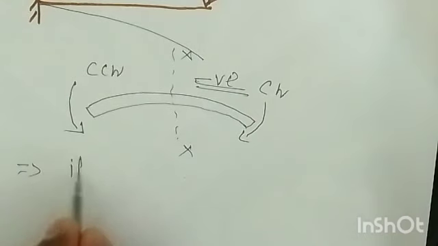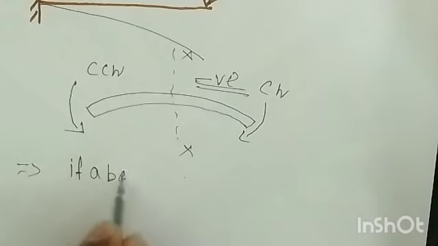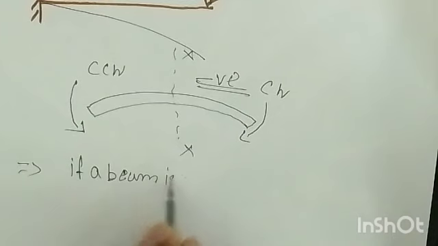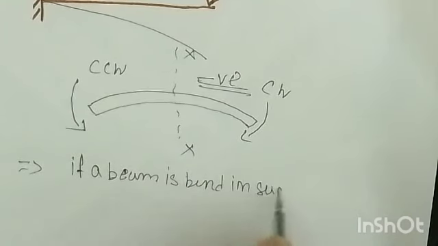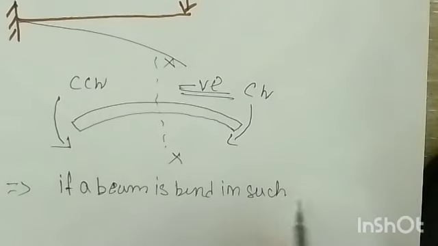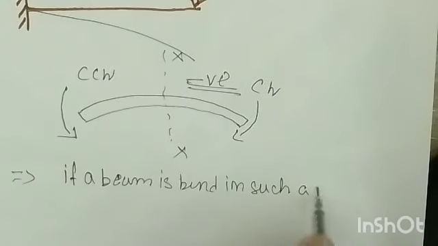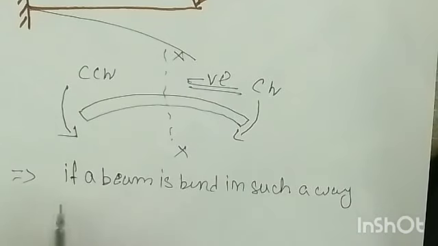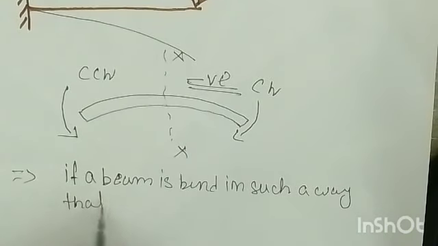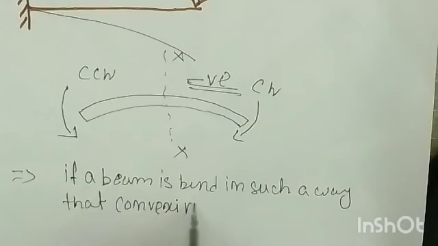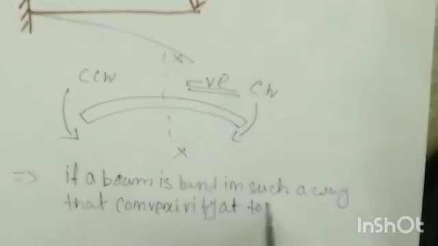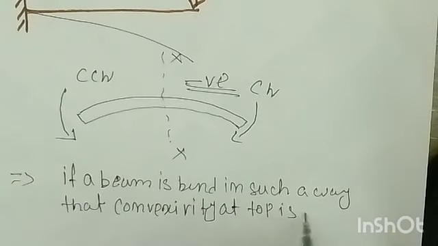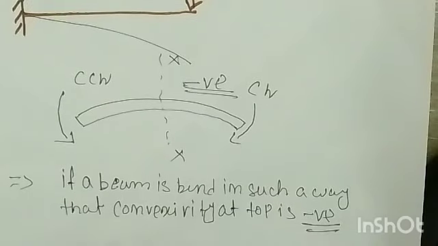if a beam is bent in such a way that there is convexity at the top, right, it is a negative bending moment, right?